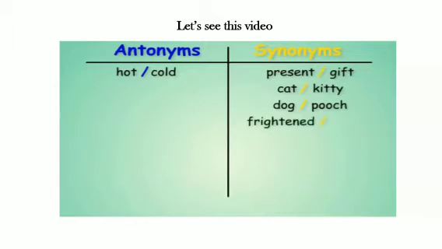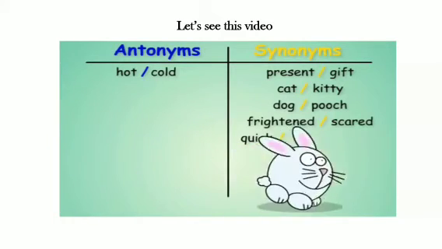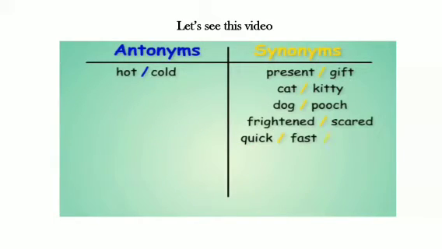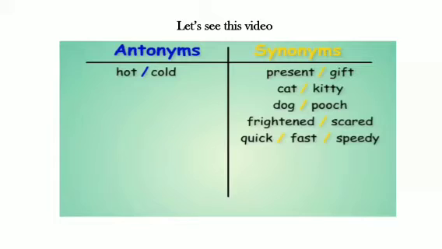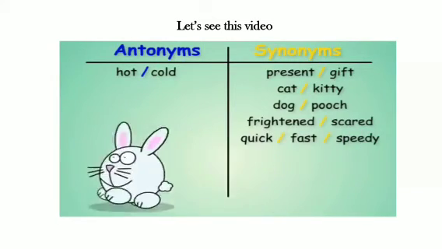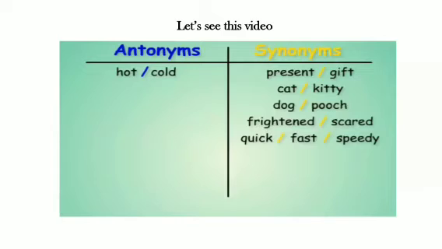How about a synonym for frightened? How about scared? Frightened and scared have the same meaning. Or how about quick? Can you think of a word that means the same thing as quick? Maybe fast? Or maybe even speedy? Yes, words can have more than one synonym. Fast, quick, and speedy are all synonyms. They all have the same meaning.